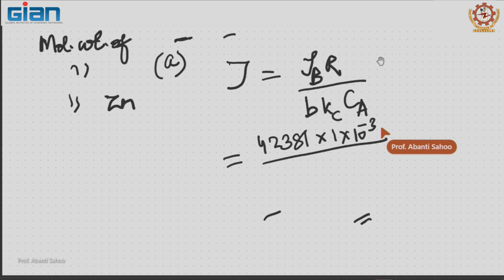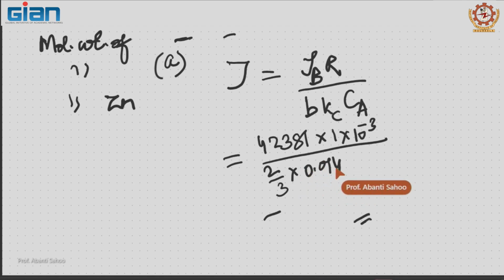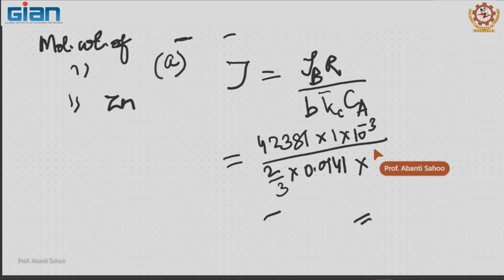Divided by the number of moles b, which is 2 by 3, into the reaction rate constant, sorry, it is the K bar, not the Kc, which we have calculated as 0.0141 meter per second, and into the concentration of the gaseous reactant, which we have calculated as 0.820.